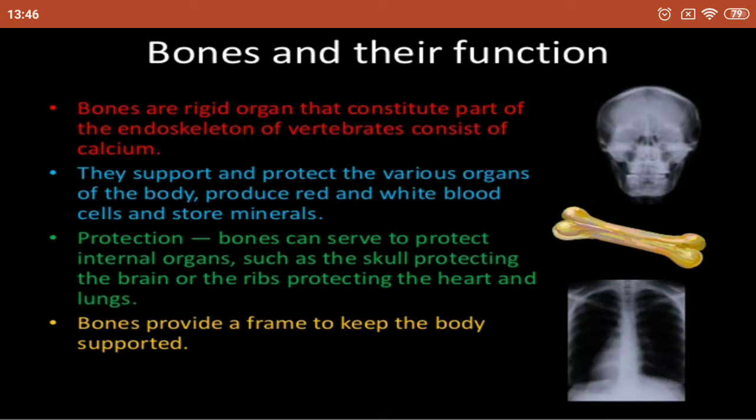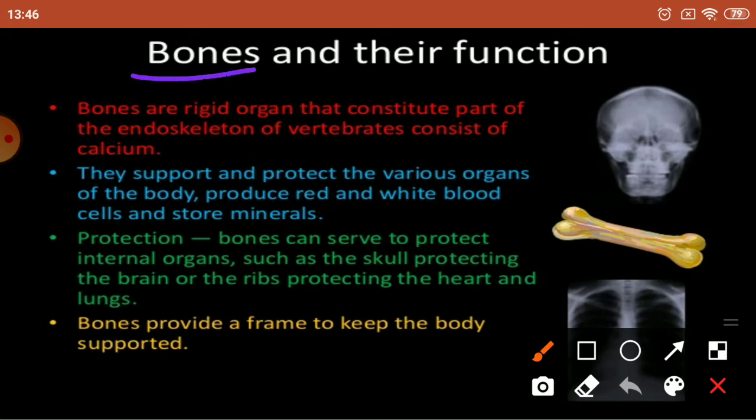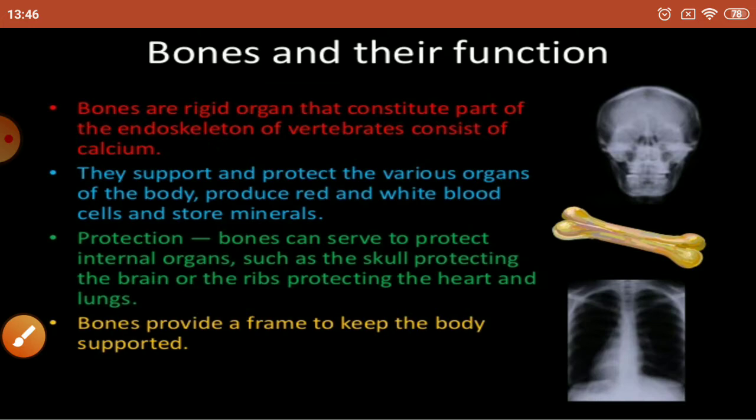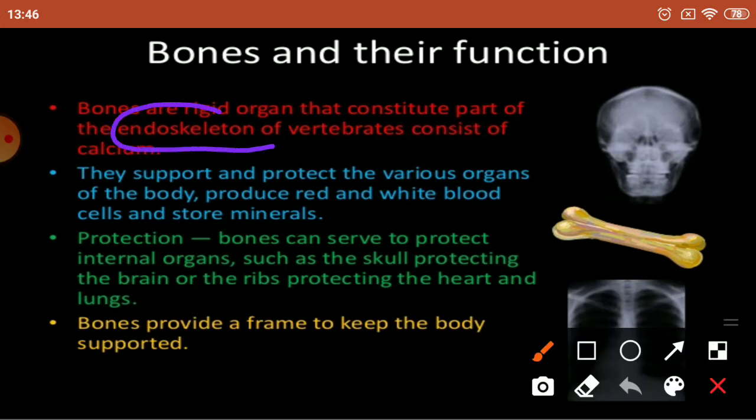Generally, as you all know, the skeletal system is made with bones. So what are the main functions of bones? Let us learn today. Bones are the rigid organs which are a part of our endoskeleton. Remember this word, endoskeleton. Endo means inside.